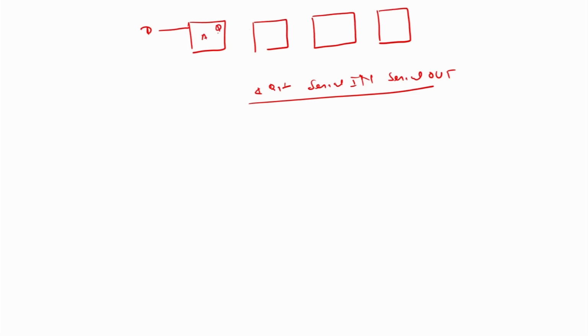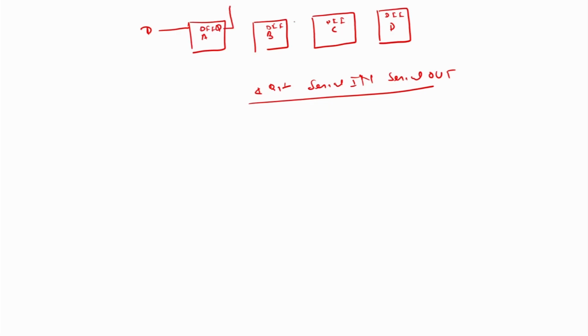Suppose this is A, this is B, this is C, this is D, all are D flip flops, this is a D flip flop and the input name is C, this is a D flip flop and the input name is B.